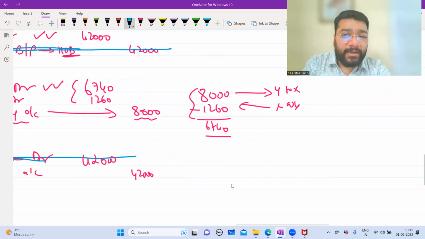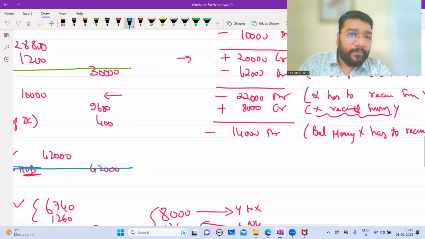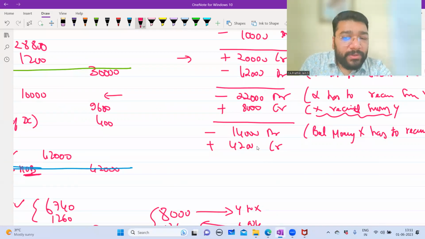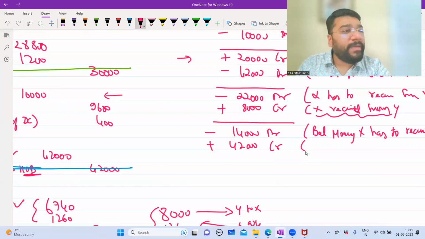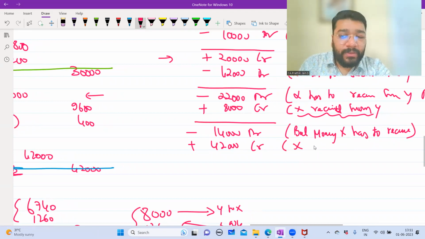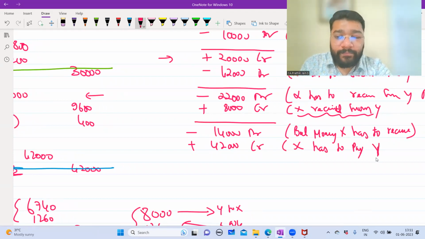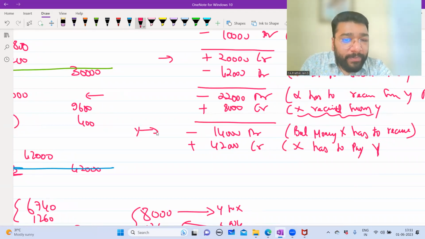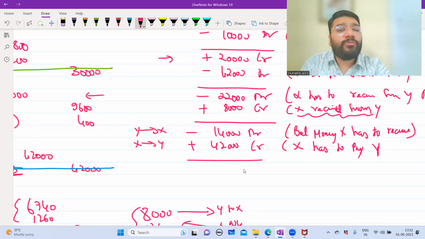Y account is credited. So come back. Y account is credited by how much? 42,000 rupees. Now what does this mean? 42,000, who has to pay to whom? X has to pay Y. So now guys, 14,000 rupees Y has to pay to X, and 42,000 rupees X has to pay to Y. So net, who has to pay to whom?